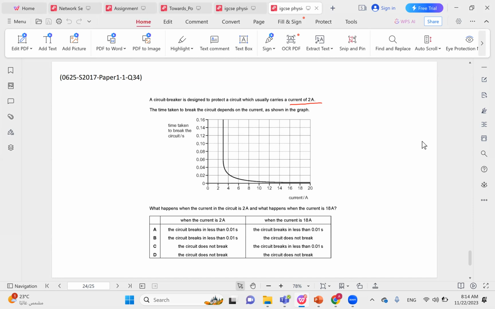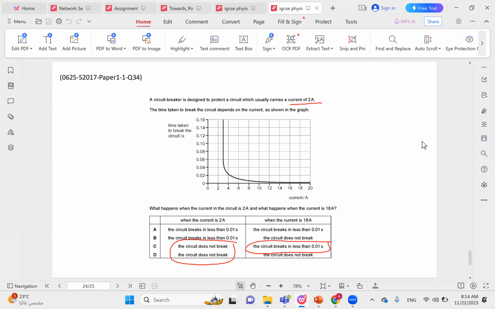So we want it to not work until the current exceeds 2 amperes by a significant amount. When the current is 2 amperes, the circuit does not break. But when the current is 18 amperes, which is much higher, the circuit breaks in less than 0.01 seconds.